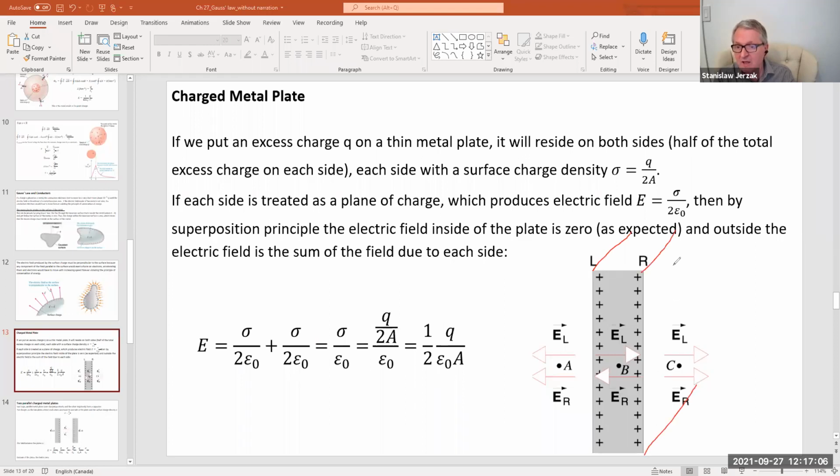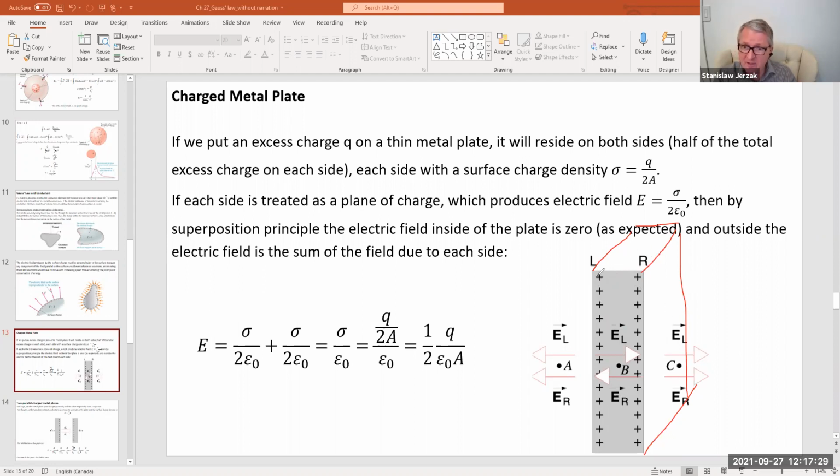And here we put some excess charge on that plate made of metal. Then, as I was telling you, the charge will be located only on the outside surface, somewhere here on that outside surface.